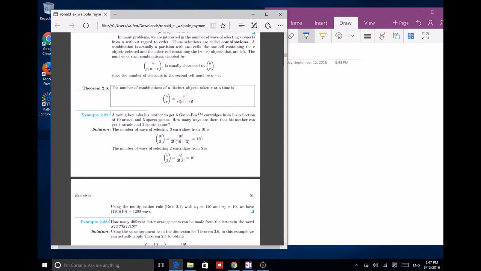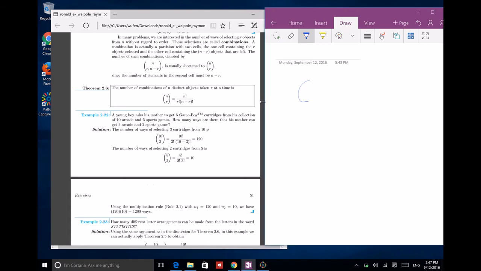So basically, the first number is selecting 3 cartridges from 10. Selecting 3 from 10 is written as 10 choose 3. That's what we write. It's going to be 10 factorial over 3 factorial times 7 factorial.